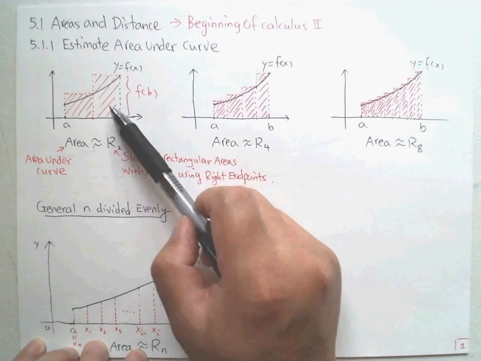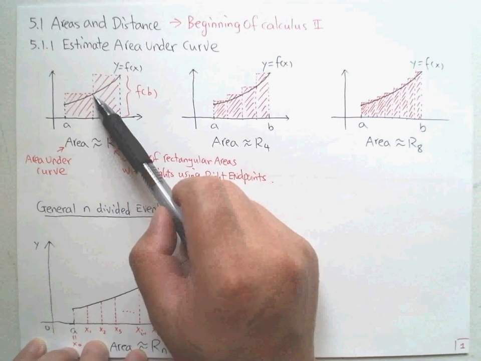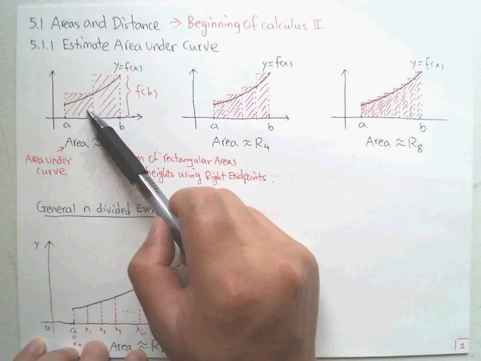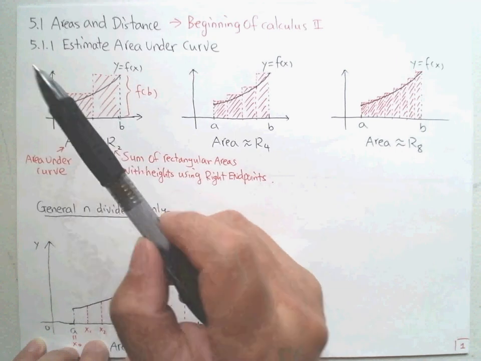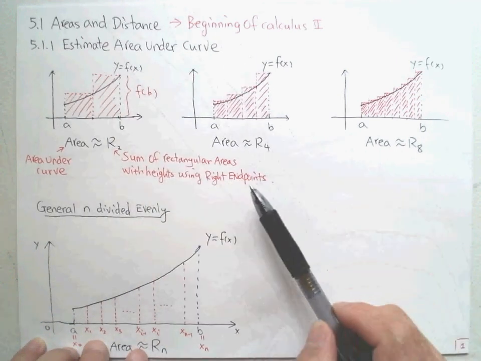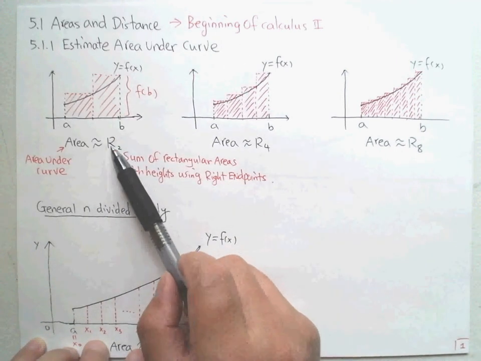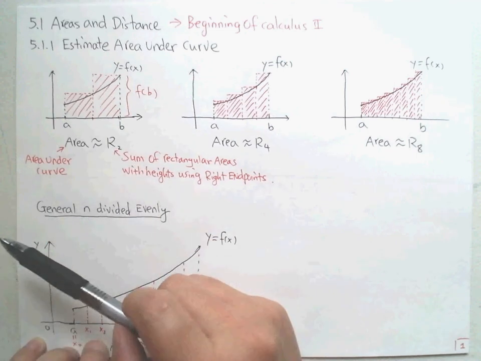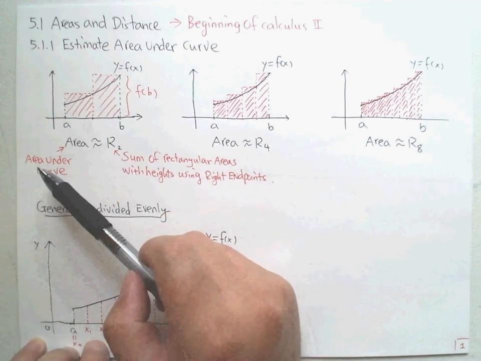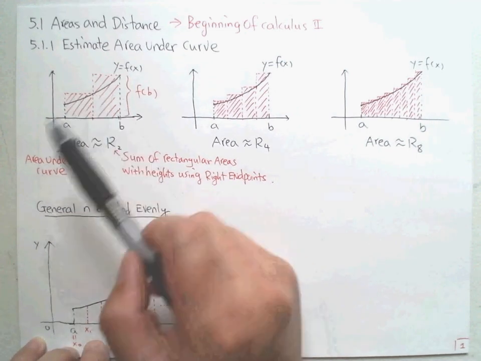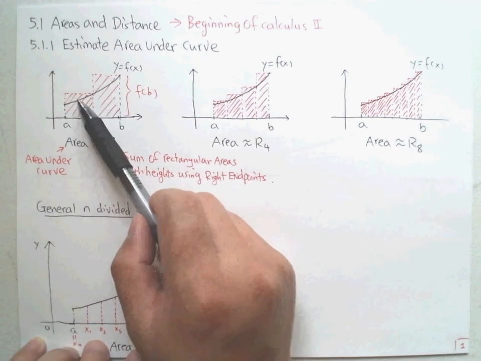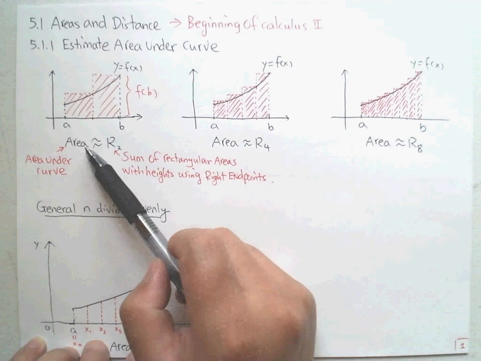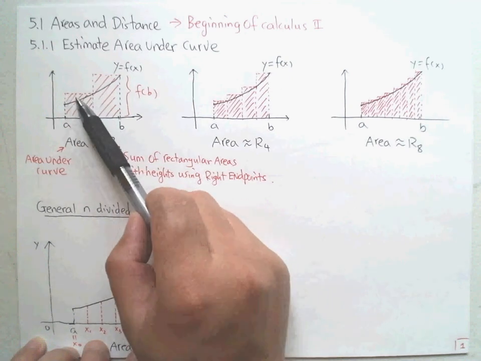This value is how high the first rectangle is, and later I will introduce the left endpoint. Here we use the right endpoint, so that's why we use R, and the 2 means two rectangles, evenly divided. This is an overestimate because we calculated more area.